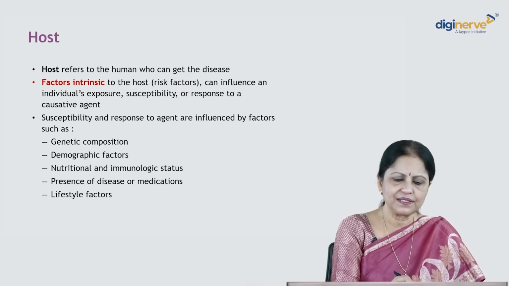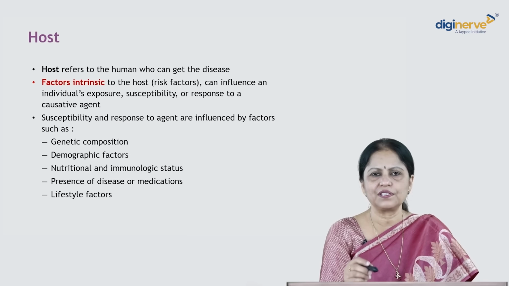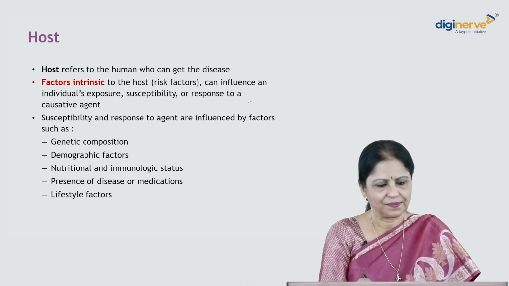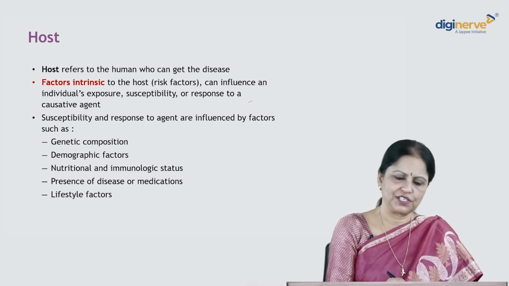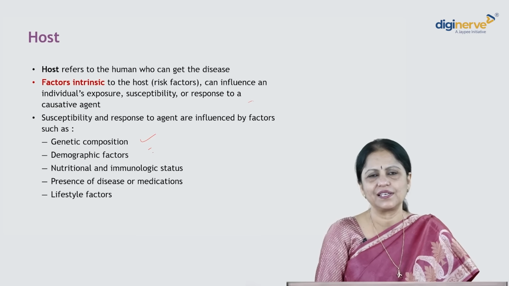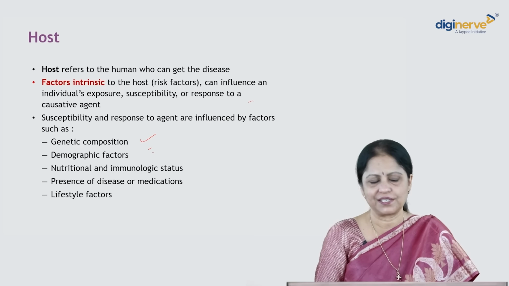Now the host is the human who can get the disease. So these are factors intrinsic to the host, that is, these are inherent in the host, the risk factors of the host, which can influence causation of a disease. So these factors can be genetic composition of the individual, it can be the demographic factors, that is age, like extremes of age, they are more susceptible to severe disease or mortality.